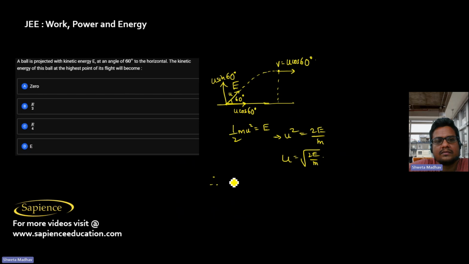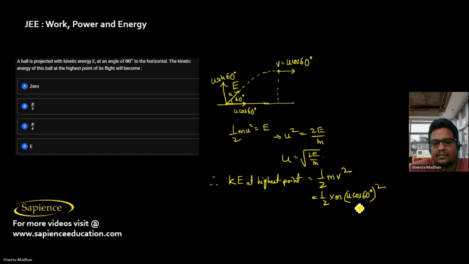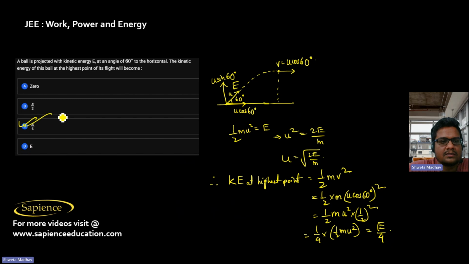So the kinetic energy at the highest point of the flight is half mv square, which is half into m into u cos 60 whole square. That is equal to half mu square, and cos 60 is half, so half square. That is 1 by 4 times half mu square. Now half mu square is E, so it is E by 4. So option C is the correct answer.